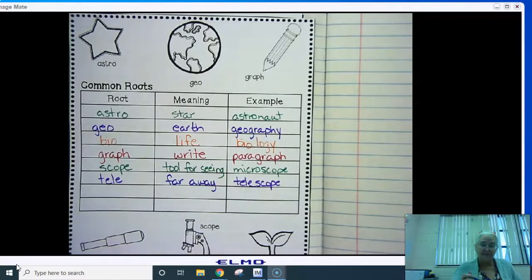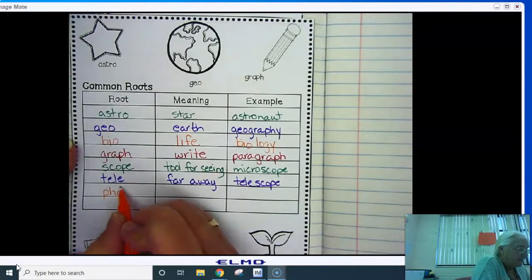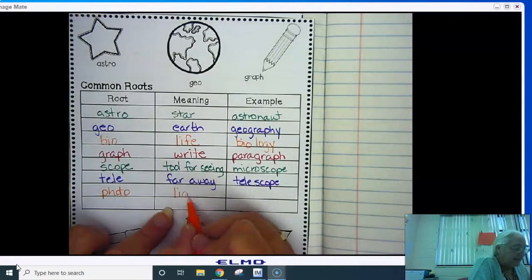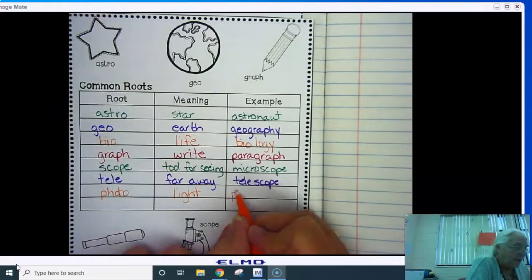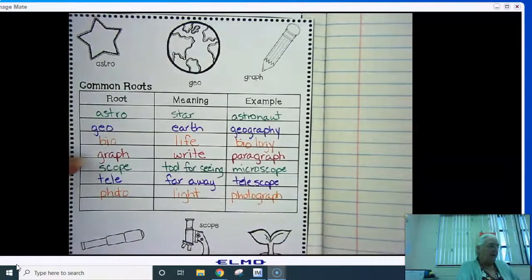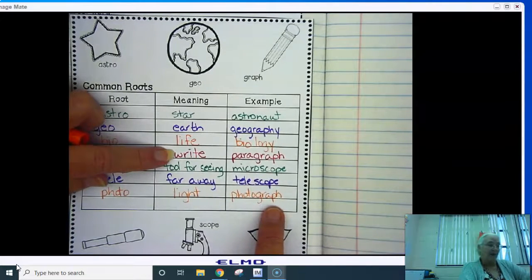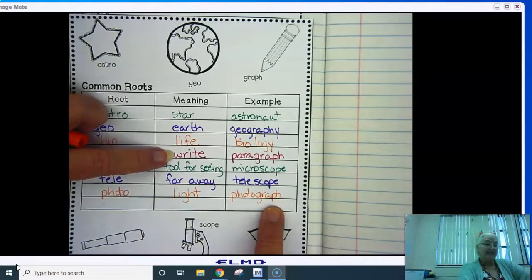There we go. Let's look at another one. Photo. This is a root word. Photo, and it means light. And an example is photograph. There's that graph again. Graph means write. So a photograph is light writing.